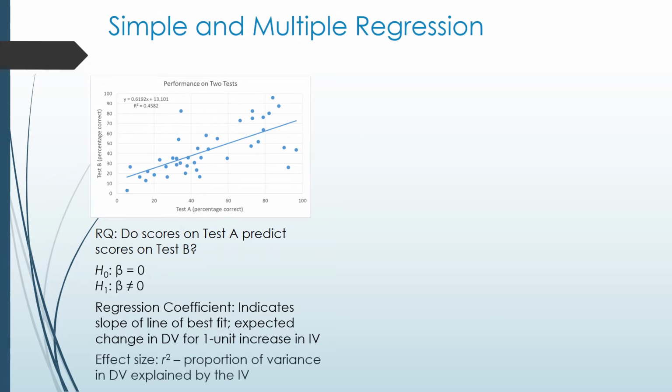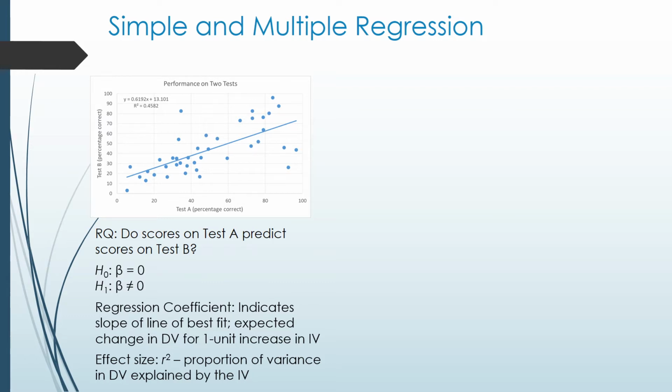That's something we talked about fairly extensively before. And then finally, we had an effect size of an r squared. Essentially, that's the Pearson r squared for those two variables and those measures. And that tells us the proportion of variance in the dependent variable that's explained by the variation in the independent variable. So that's just a brief review of what we saw in simple regression.